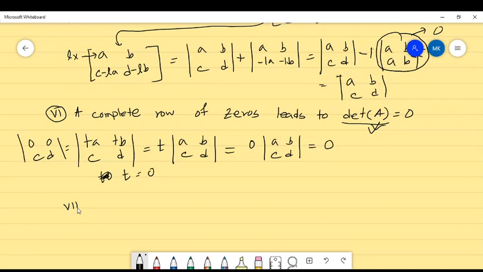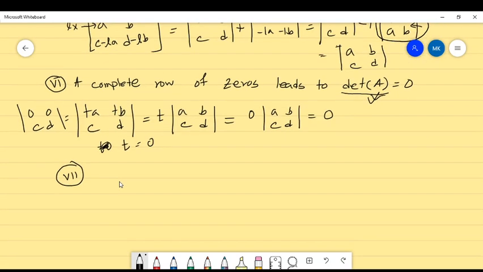So our next property is, you know about upper triangular matrices and lower triangular matrices, right? In the upper triangular matrices, in the diagonal we had all the pivot values, right? And in the lower triangular matrices we had a bunch of ones in the diagonals.